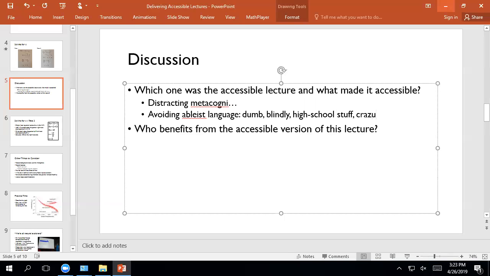All right, so there are some examples of words that were used in one of these versions of the lecture. Part of it is the word itself, but also the context in which these words are expressed, which has always had a negative connotation.